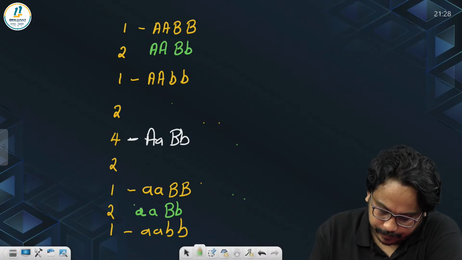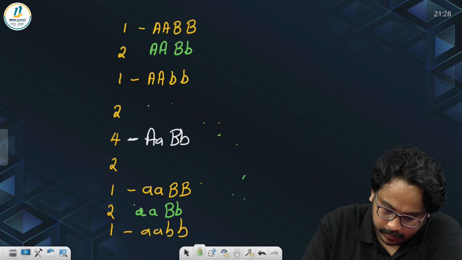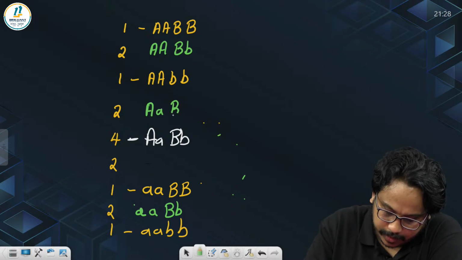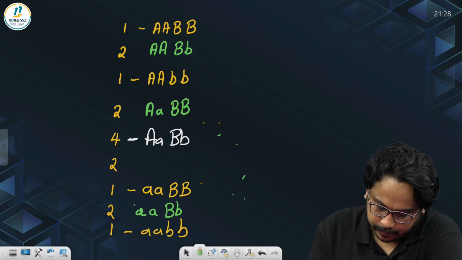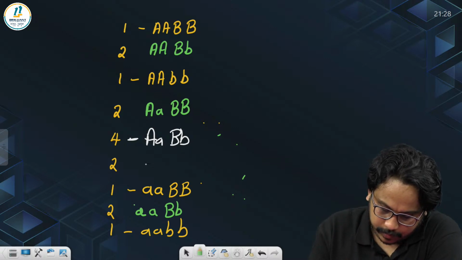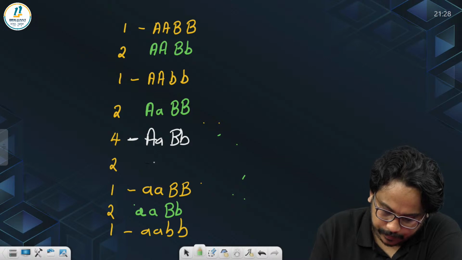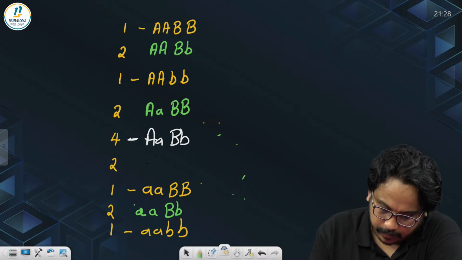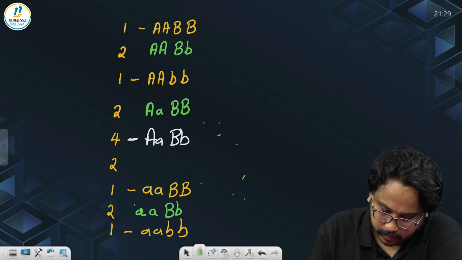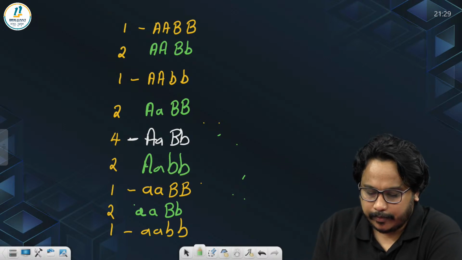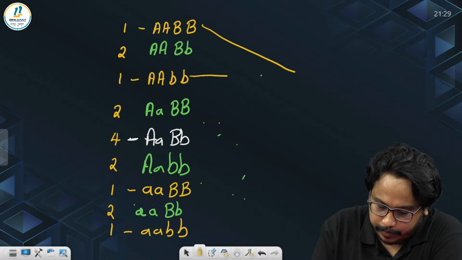Then here it can be capital A, small a, capital B, capital B, and small a, small a, and capital A, small a. Like this.